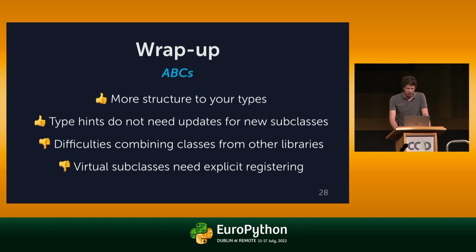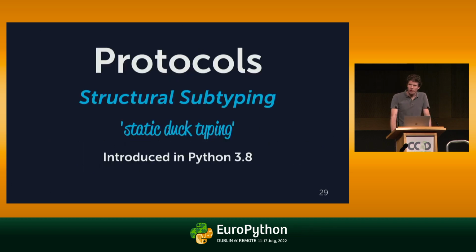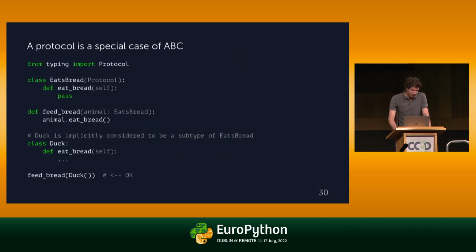So now we'll come finally to protocols, also called structural subtyping or static duck typing. Those were introduced in Python 3.8. And protocols make everything that we've encountered so far much, much more beautiful. So let's have a look how. A protocol is a special case of abstract base class.